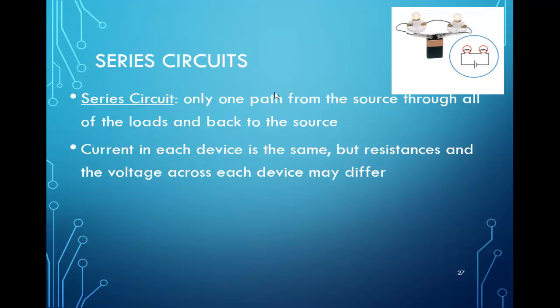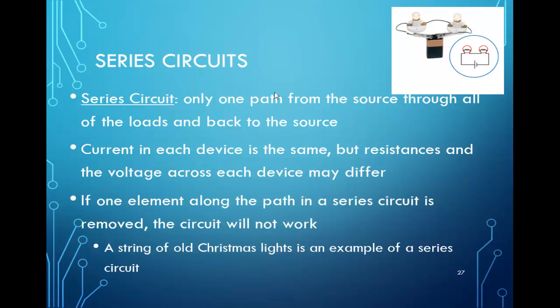Current in each device is the same, but resistance and voltage across each device may be different. If one element along the path in a series circuit is removed, the circuit will not work. A string of old lights is an example of a series circuit.